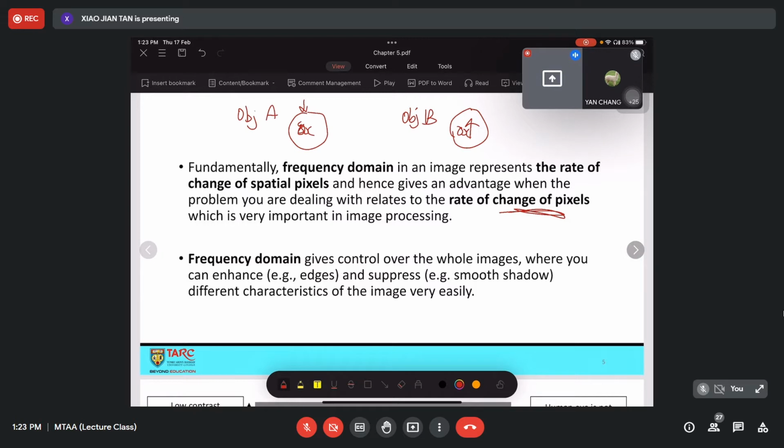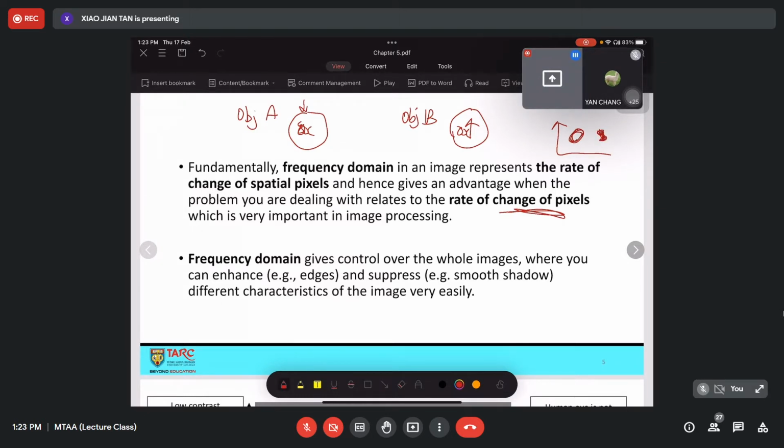Is very high. So although both of these object A and object B could look very alike in the spatial domain, for example, you have cell and also mitosis. Okay.